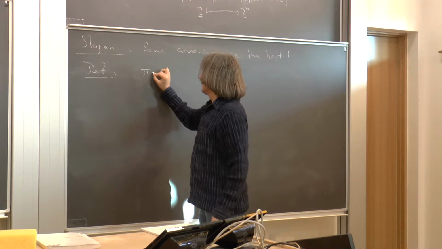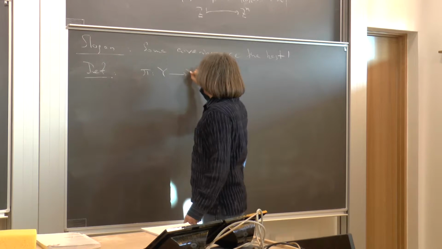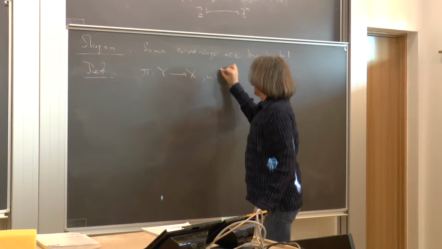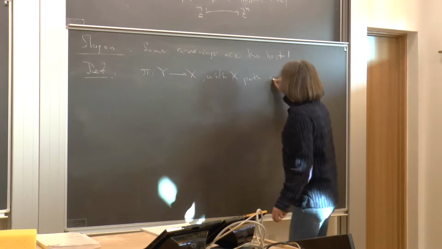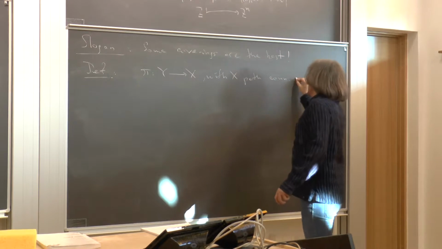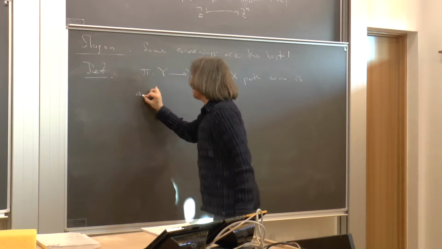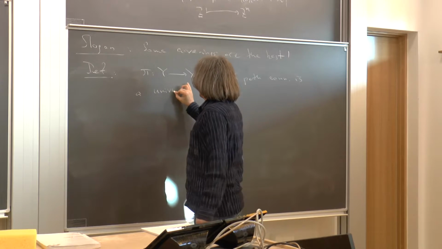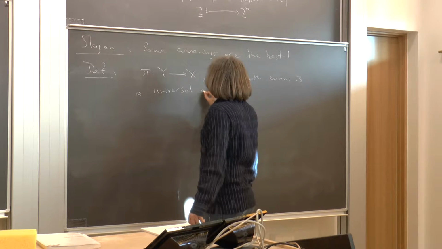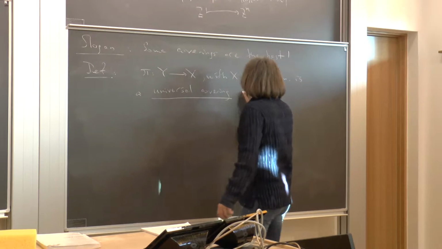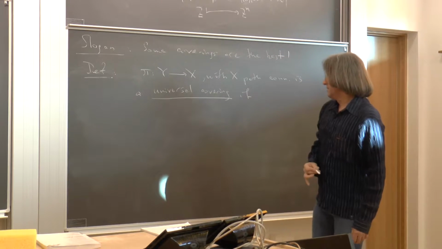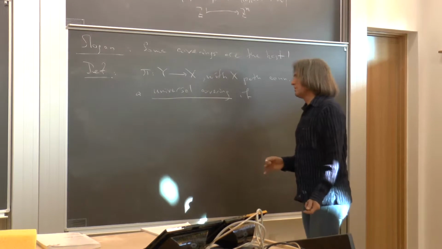Pi from y to x with x path connected is a universal covering if several things are true.